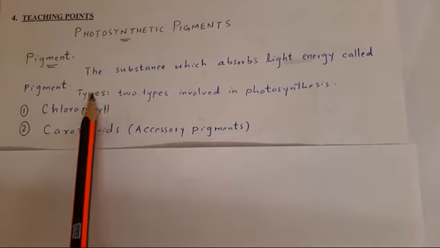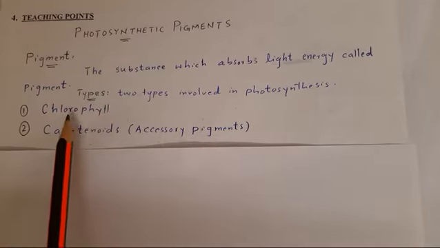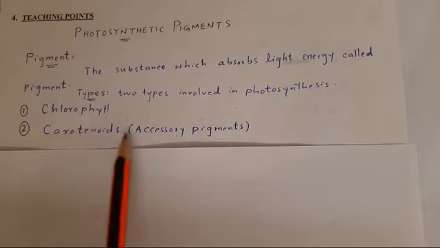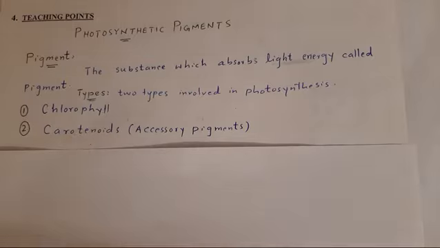One is chlorophyll, which is the main photosynthetic pigment, and the other is an accessory pigment known as carotenoids.